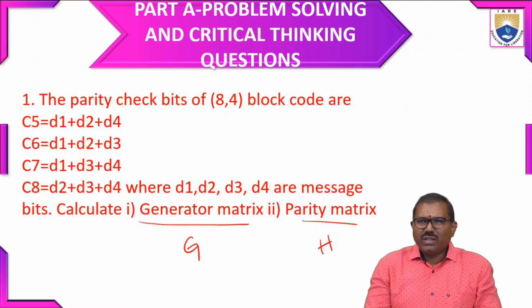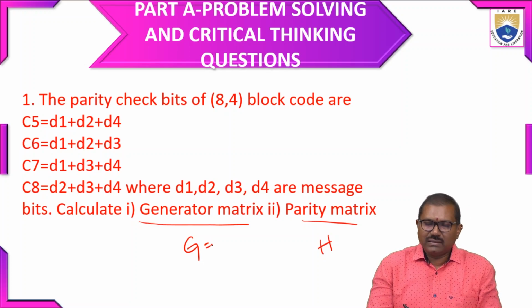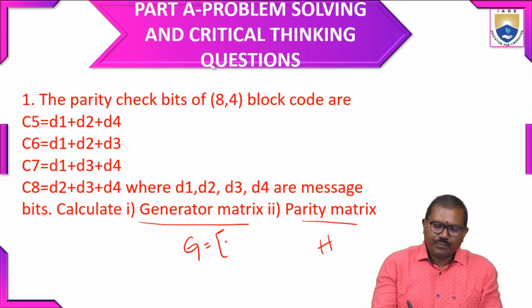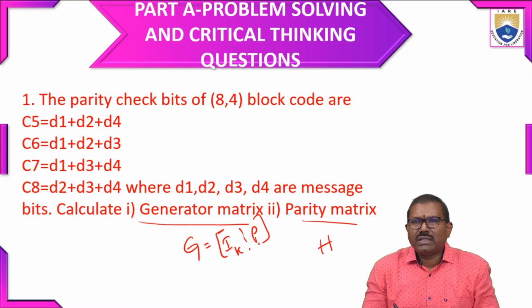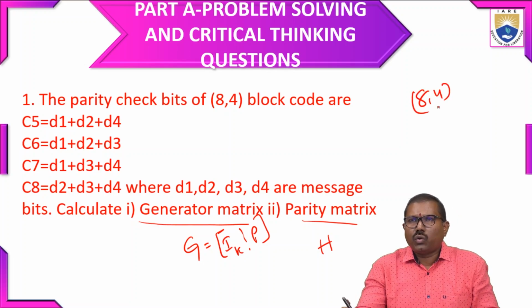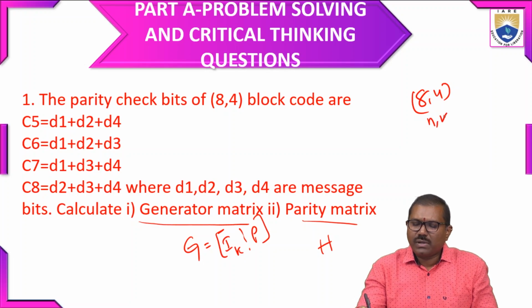What is the G matrix? G is the augment of I_K and P. P is the coefficient matrix, and I_K is the identity matrix with the size of K. Here it is mentioned 8,4, which means N,K.